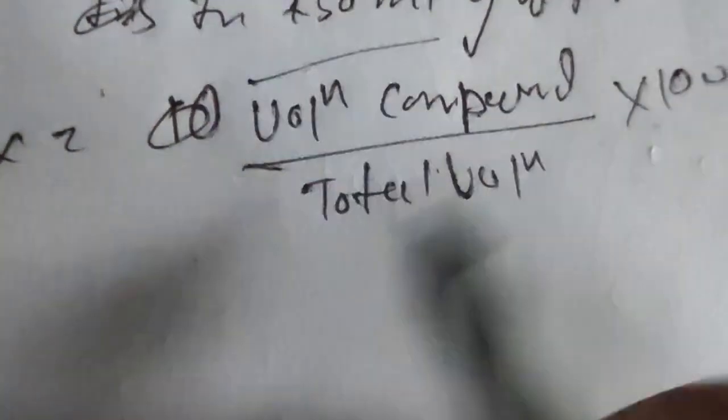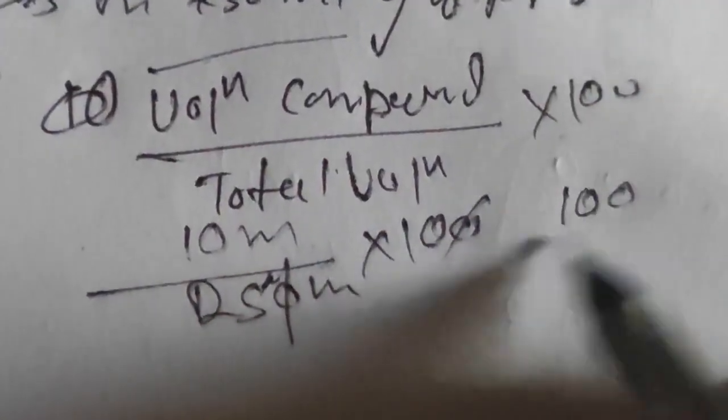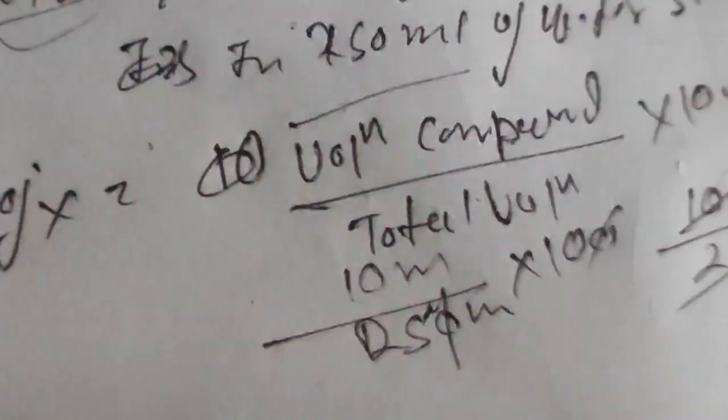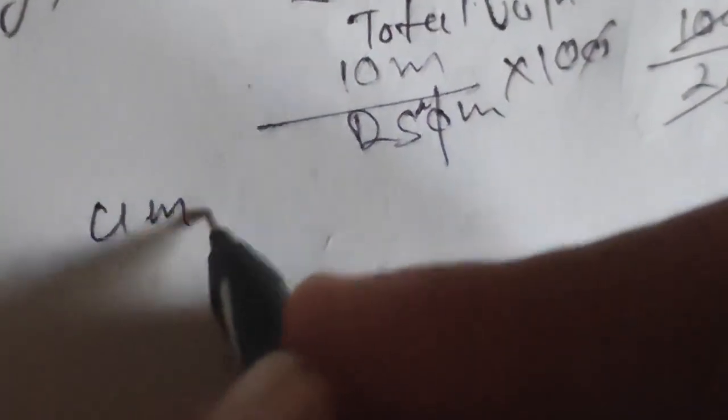In this case the volume of compound is 10 ml and the total volume is 250 ml, into 100. It becomes 100 divided by 25, which is 4%. This means 4 ml of X, that is ethanol, is present in 100 ml of solution.